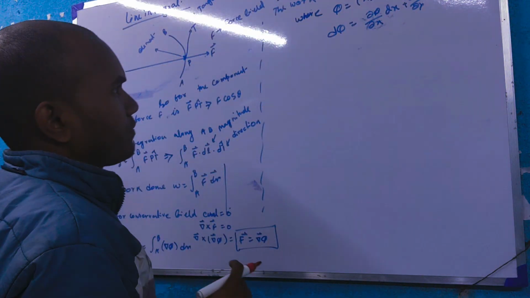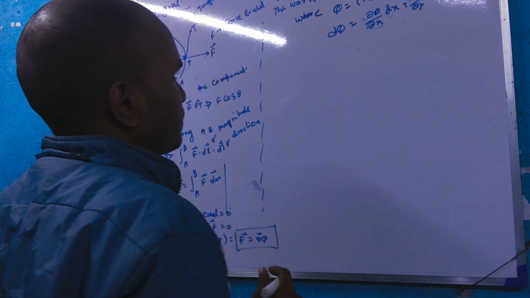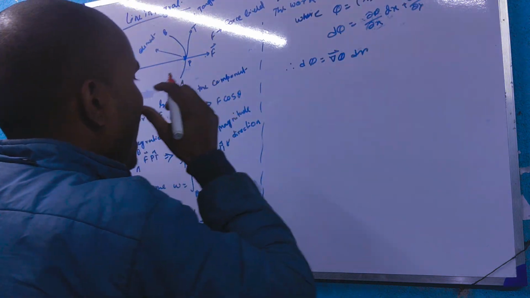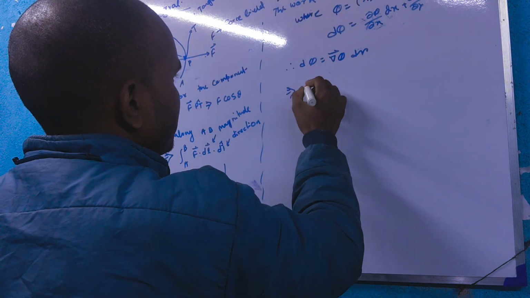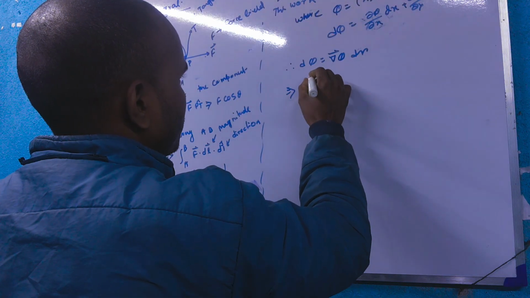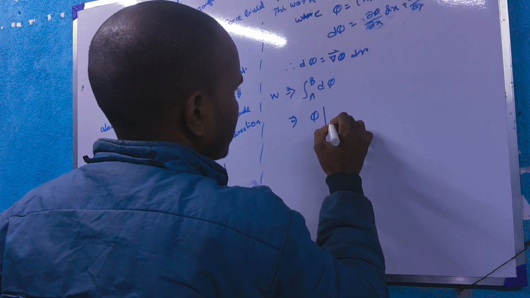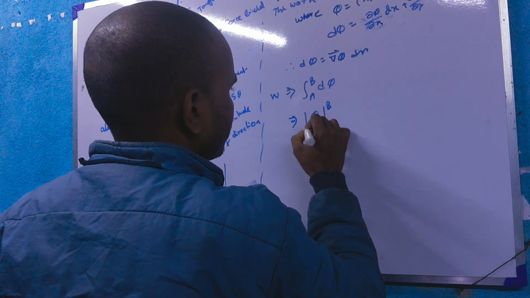This is the representation of del phi, and then del phi dot dr. After that the integration from A to B will be phi of A and B.